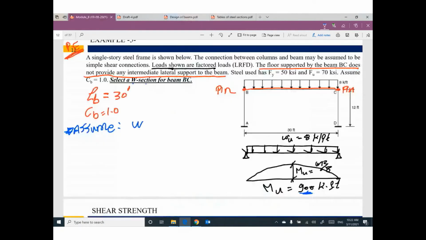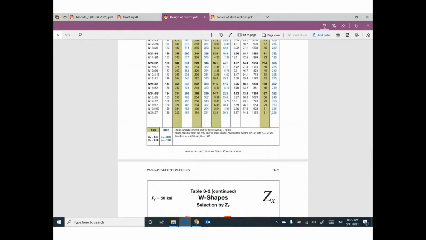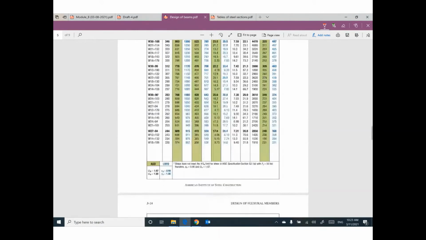I'm looking to make sure M ultimate is smaller than phi MN. So your design moment must be something greater than 900. So I believe you are talking about 400. No, we need to choose a bigger one. So be careful when you are assuming something. All of these do not work. All of them have values smaller than 900. We need to choose a bigger one.